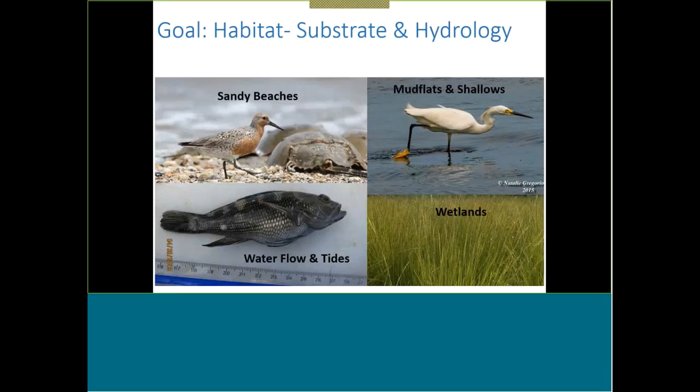You don't really think of migrating shorebirds in a living shoreline, but we have a site at the Indian River Marina where we knew we had horseshoe crabs. We learned some lessons, but we learned that planting our native grasses in clumps was more effective than planting plugs, because the horseshoe crabs could come up and kind of bump and go around them instead of tearing them up. So designing for what species are using it.